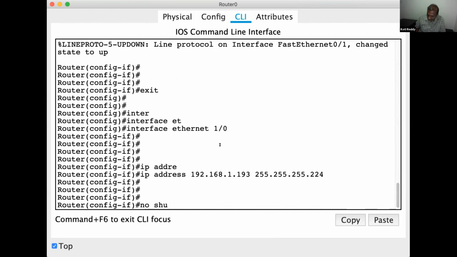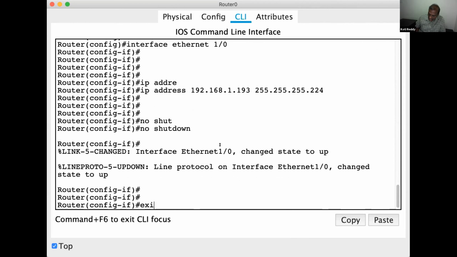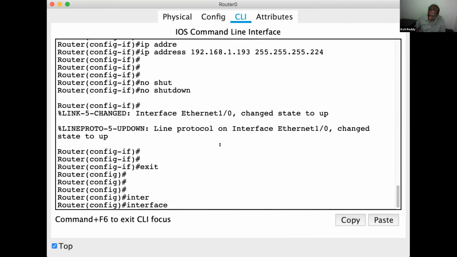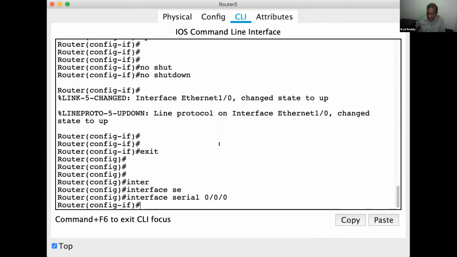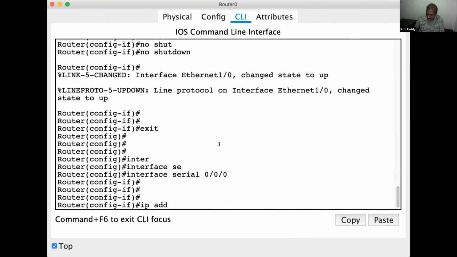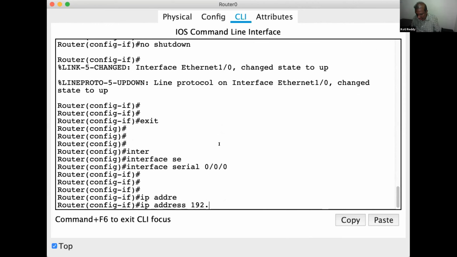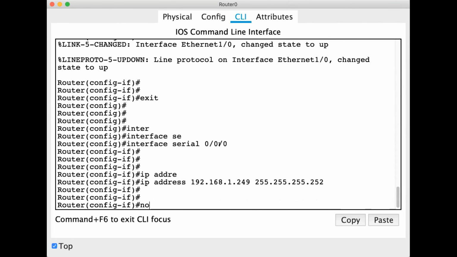No shutdown. Again exit. For the interface serial 0/0/0, I give the IP address 192.168.1.249, mask 255.255.255.252, which is /30, right? No shutdown.